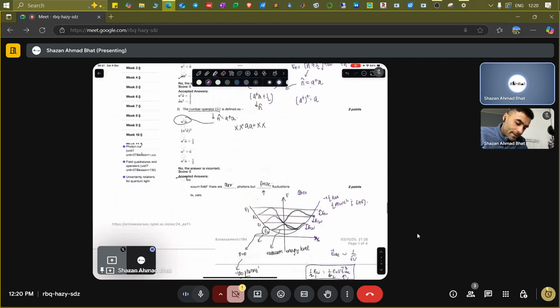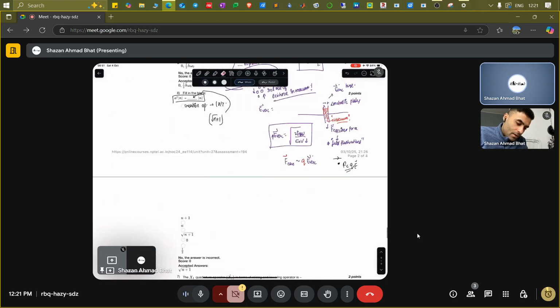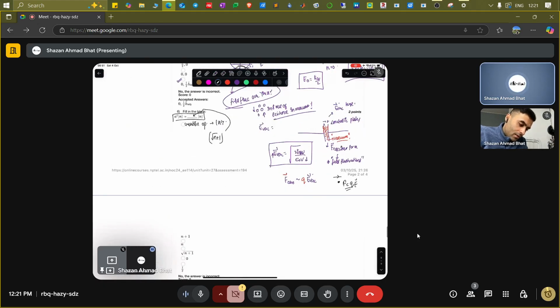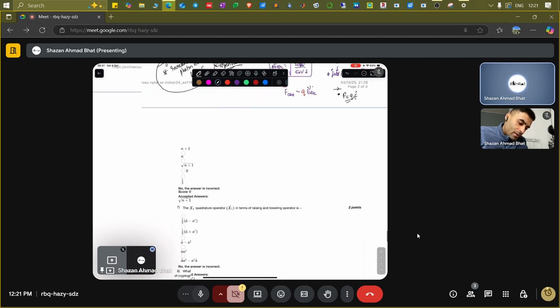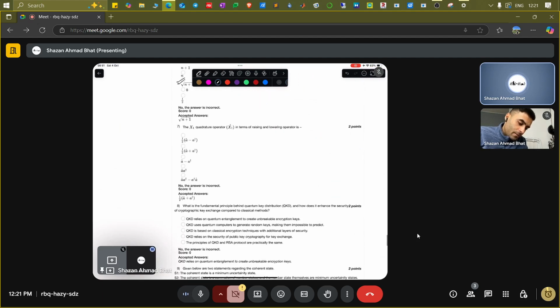Just go back to the slides, and you get the eigenvalue. So it increases the photon number by 1. So that is what the creation operator does. So this is the exact answer.